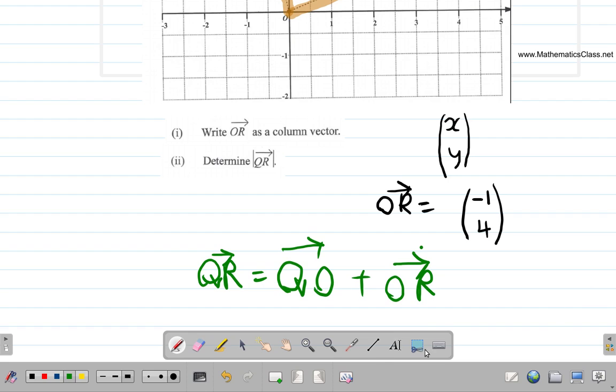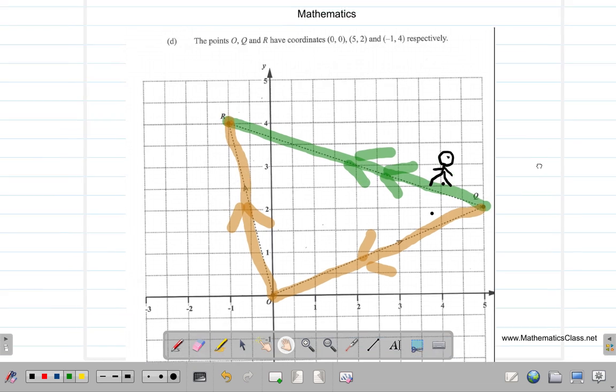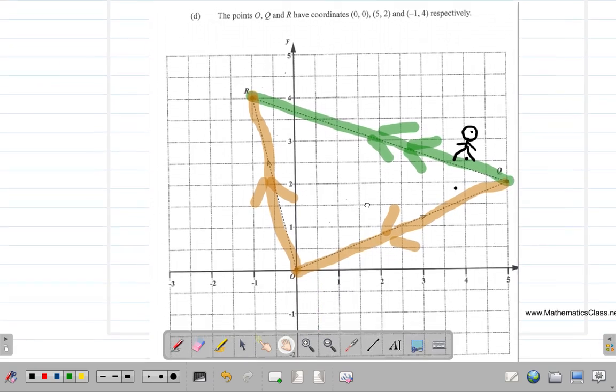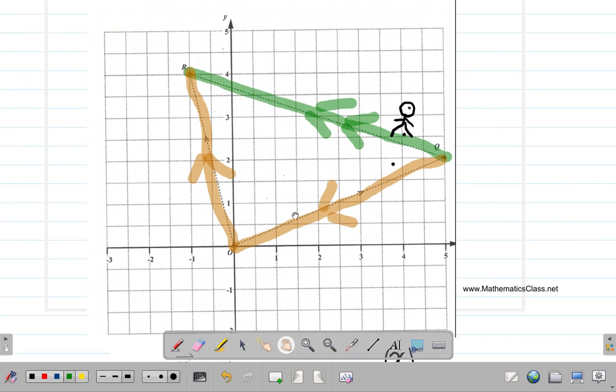Now what is QO? Let's look. QO is going in the opposite direction as OQ. The question says Q is located at 5, 2.